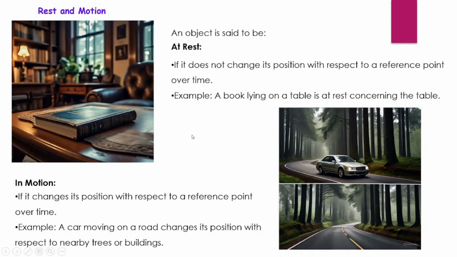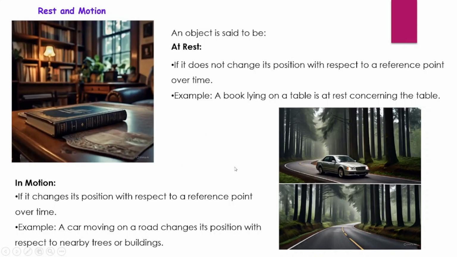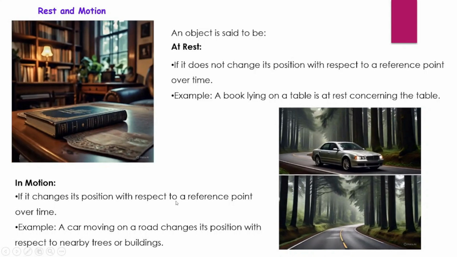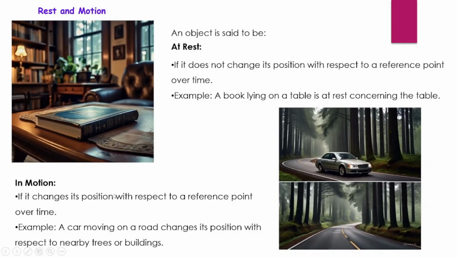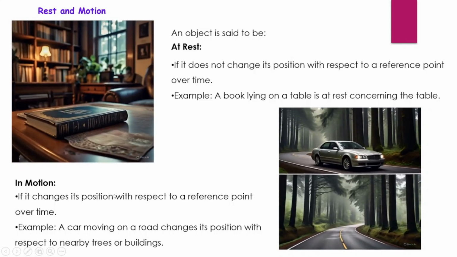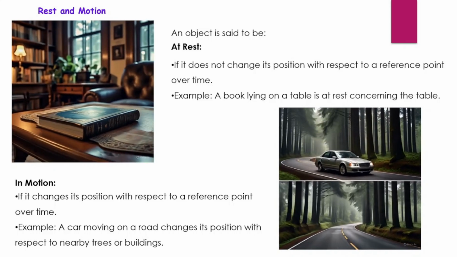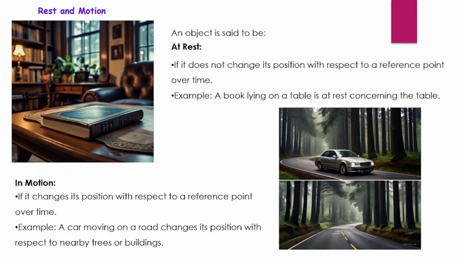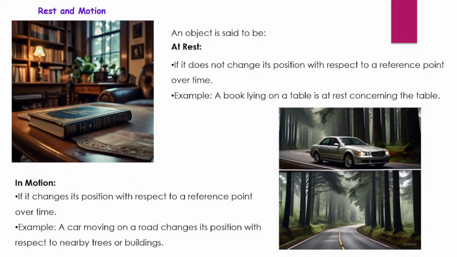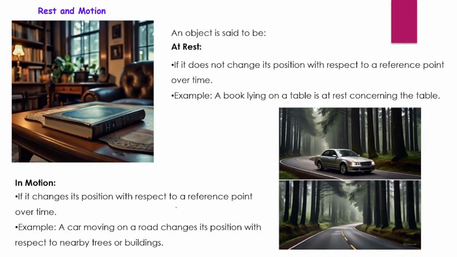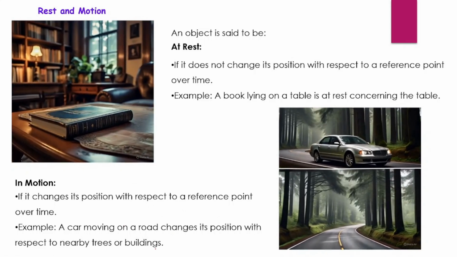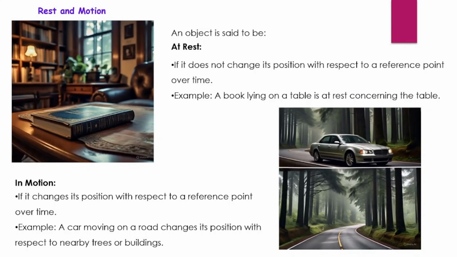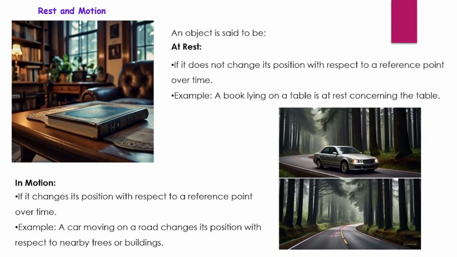Okay, next one. What is motion, or when do we say that an object is in motion? If an object changes its position with respect to a reference point over time, then we say that the object is in motion. A car moving on a road changes its position with respect to nearby trees or buildings. We can clearly see that we are sitting inside a car and this car is moving, isn't it?